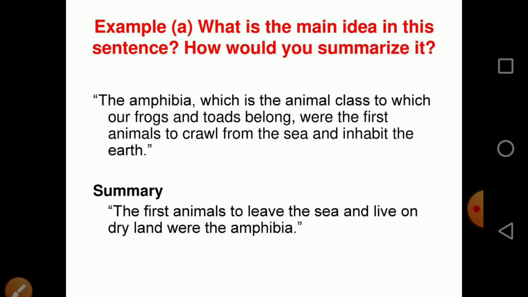The word first, you are using the word first. The word sea, the word earth changed in a different way. Amphibia, okay. And you are using your own words, but you are also showing the understanding of the given text.